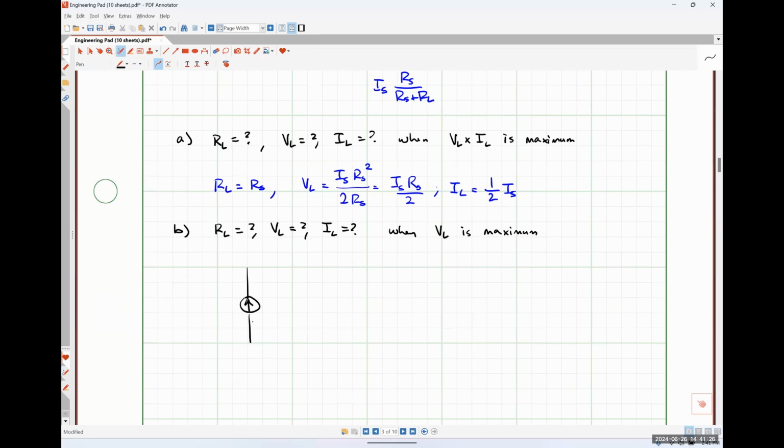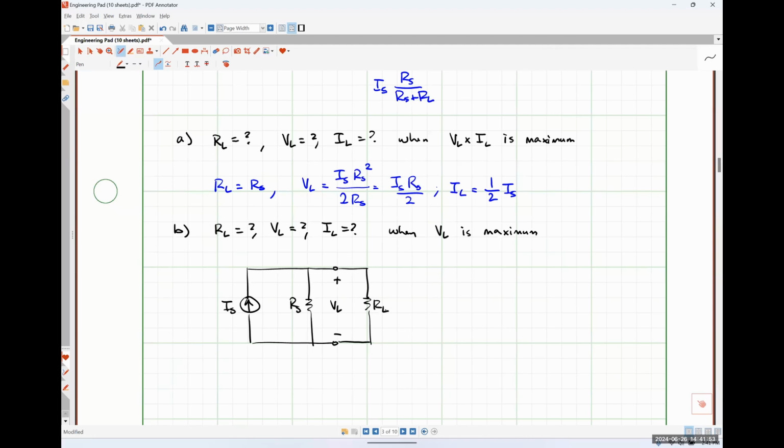Okay. So here's IS. Here's RS. Here is the voltage VL. And then here is our resistance RL.